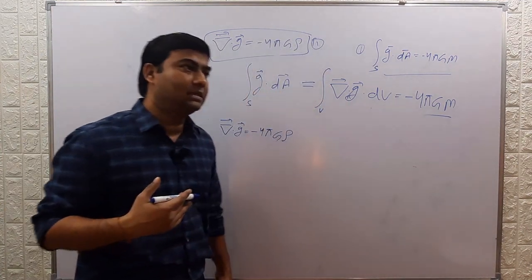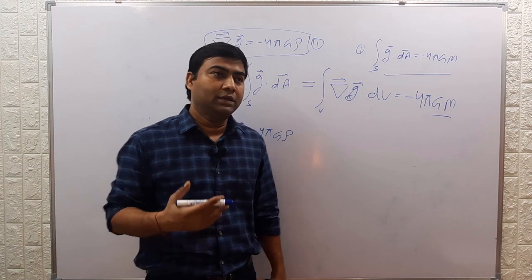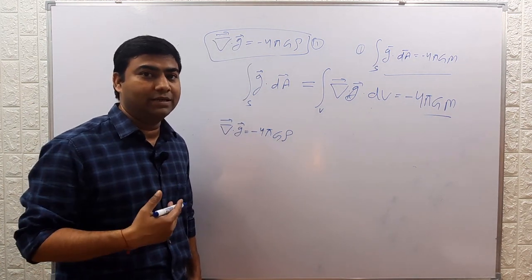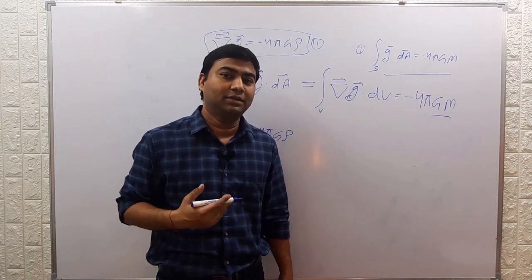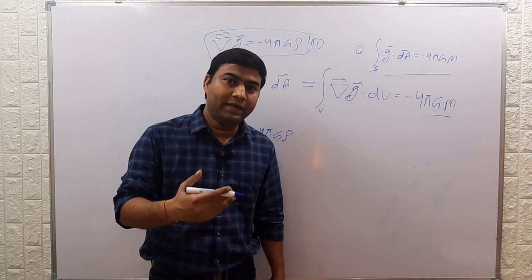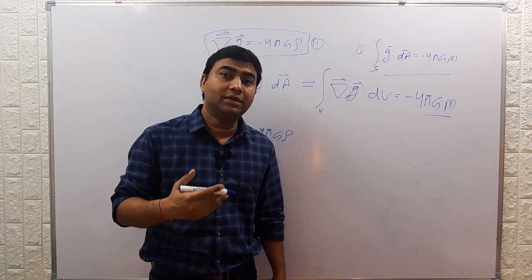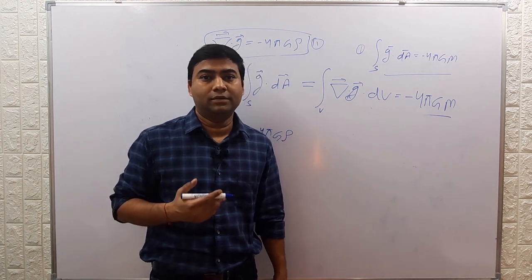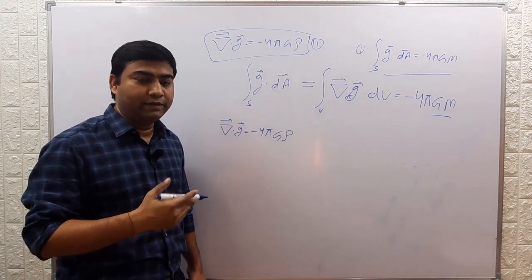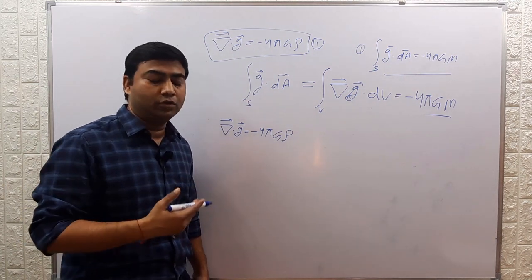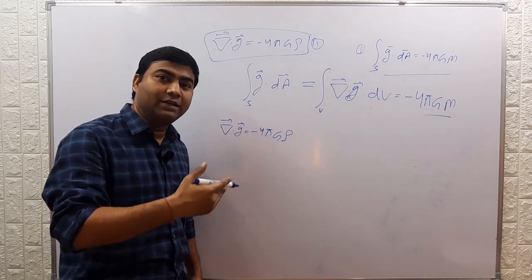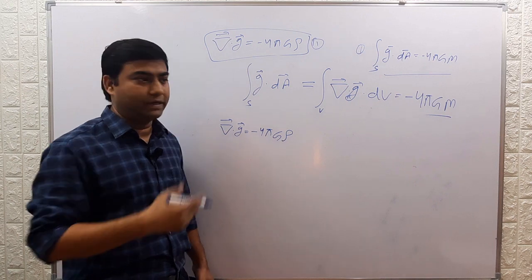Now we have discussed in the gradient topic, when we take the gradient of any scalar field, it becomes a vector field, and that vector field is always a conservative vector field.